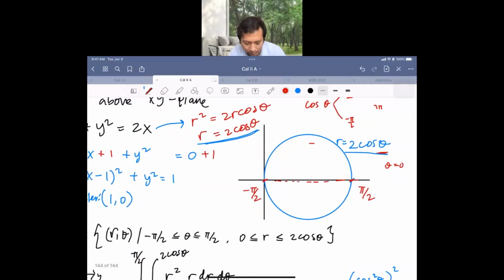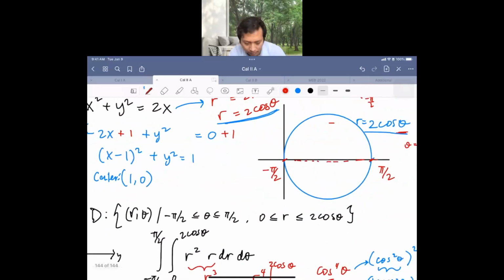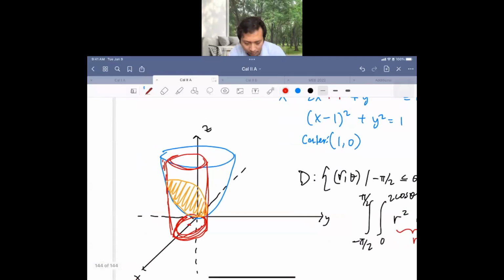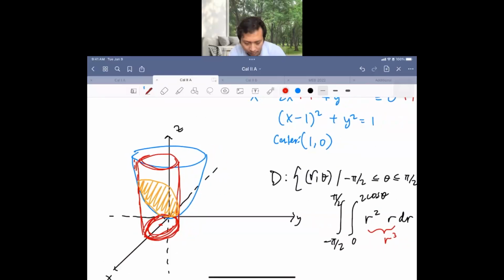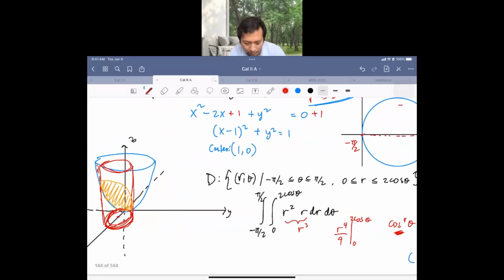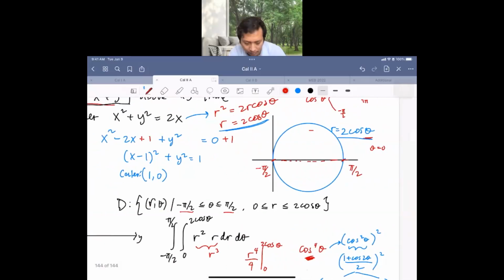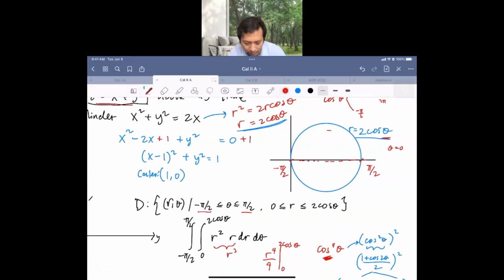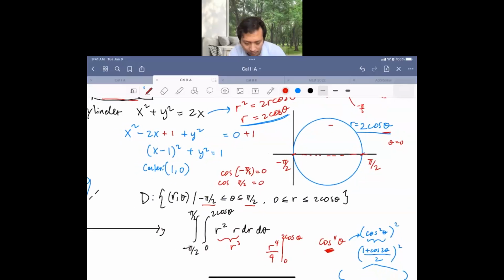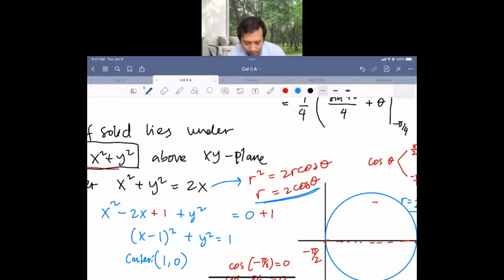But in our case here, since we are having the cross section here, for theta we are using negative pi over 2 until pi over 2, because in quadrant 4, the cosine of negative pi over 2 is also 0. Pi over 2 is also 0. And both are 2 cos theta, 2 cos theta is from here.